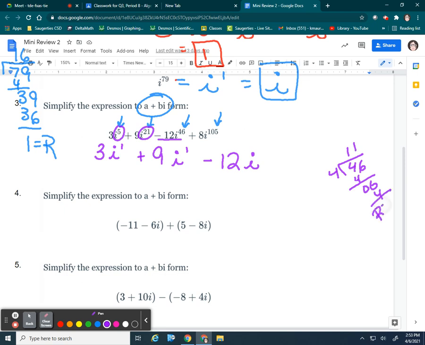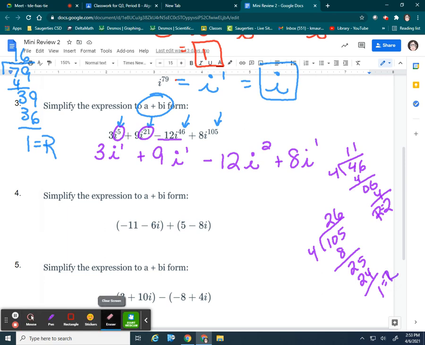I believe the remainder is 2. So that 2 is there, plus 8i. So I'm going to do 105 divided by 4. So that's 2, 8, 24. So in this case, this remainder is 1.